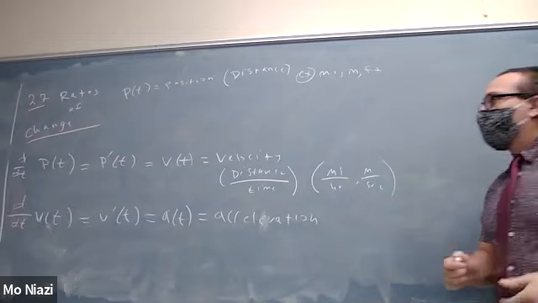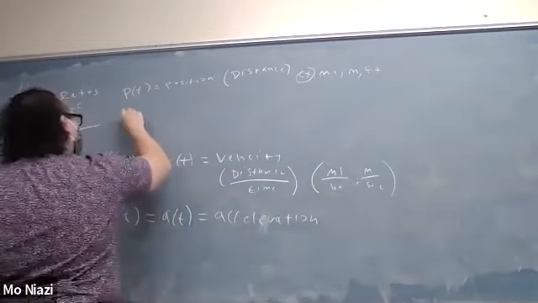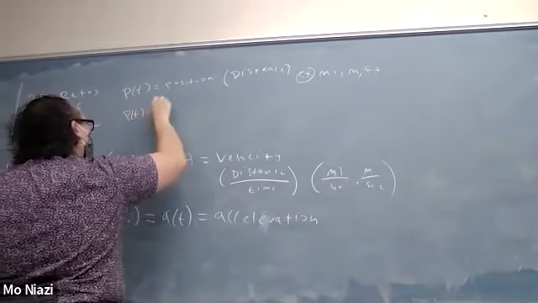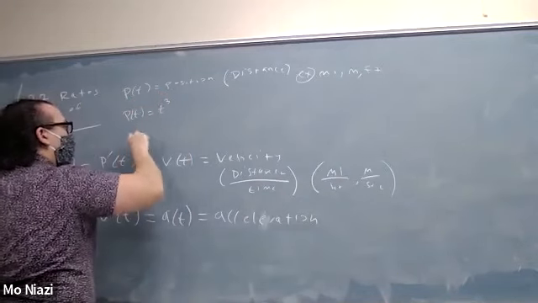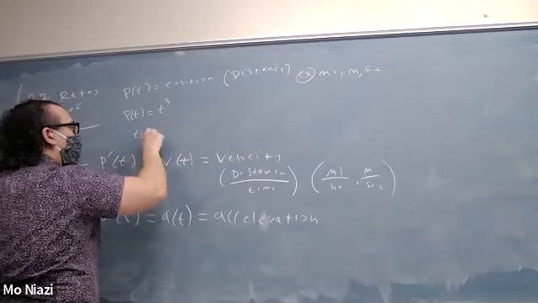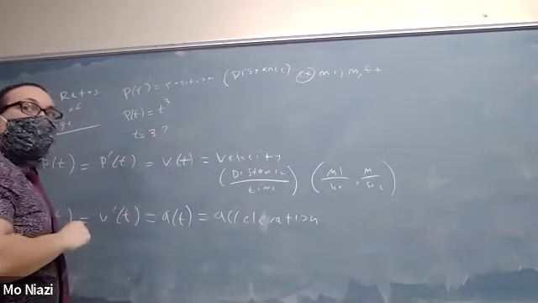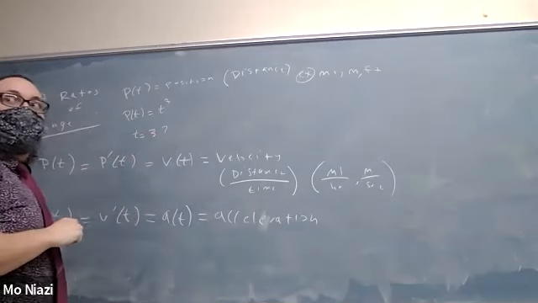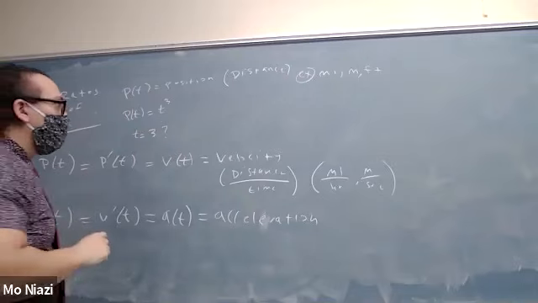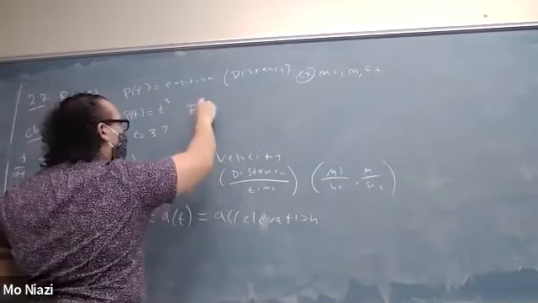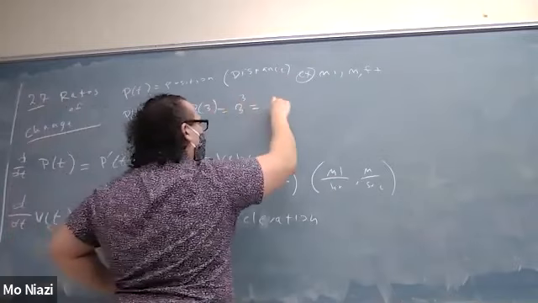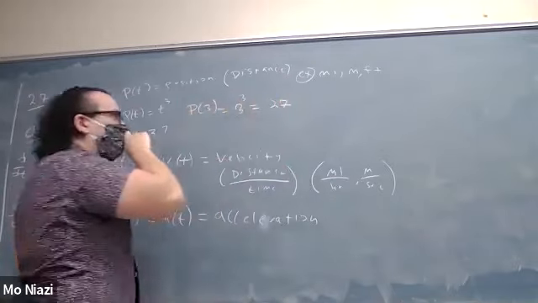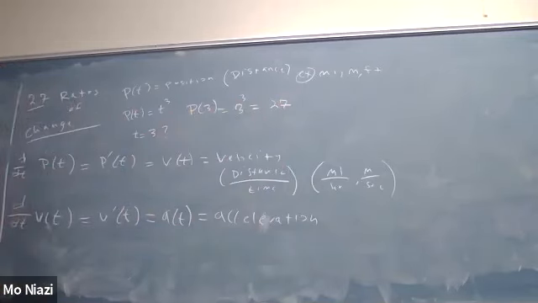So let's do an example. Let's say your position function is t cubed. What is your position at time equals 3? Your position at time equals 3 is p of 3, which is just 3 cubed, which is 27. Whatever it's in, meters, inches, centimeters, whatever.